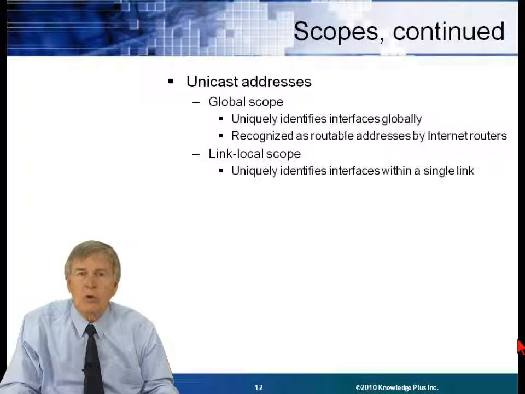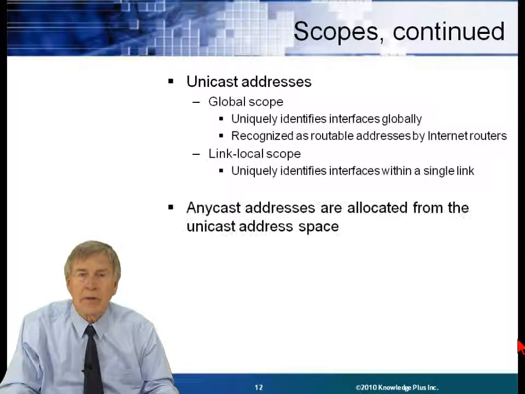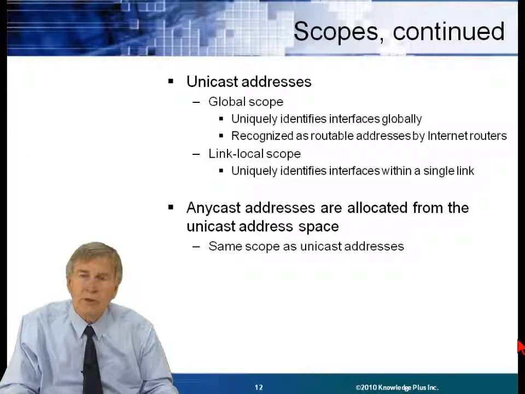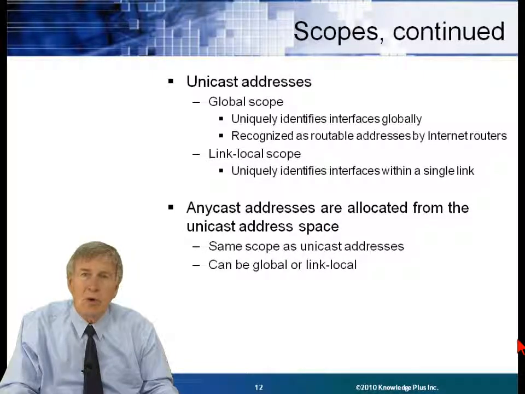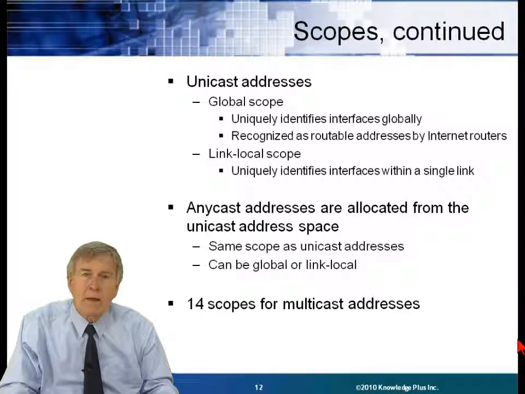A link local scope identifies an interface on a single link and would be a non-routable address. Anycast addresses are allocated from the unicast address space, with the same scope as unicast addresses. They can be global or link local. And there are 14 different scopes defined for multicast addresses, and we'll take a look at those in more detail later.